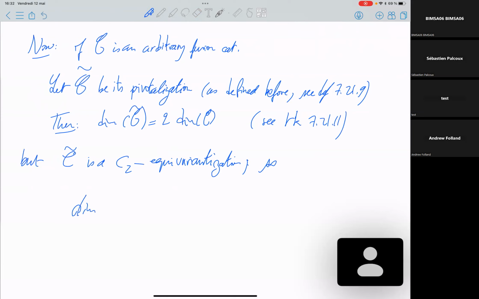As we mentioned recently, yesterday, in this case, the dimension of the center of an equivariantization is the square of the order of the group times the dimension of the center.